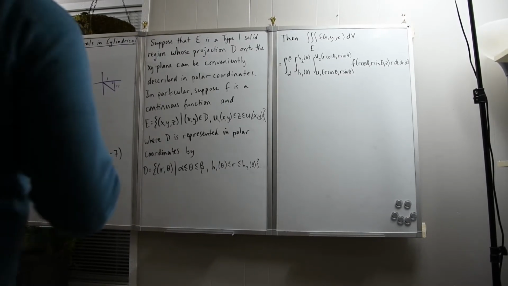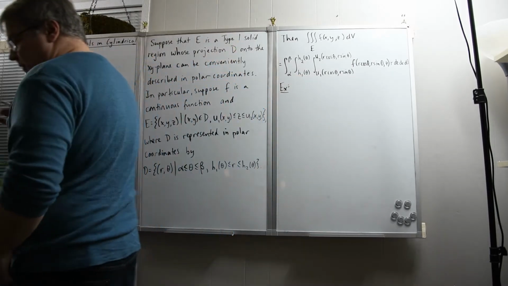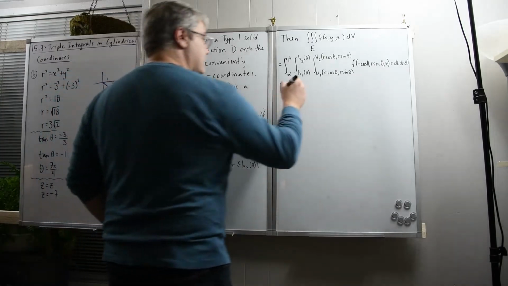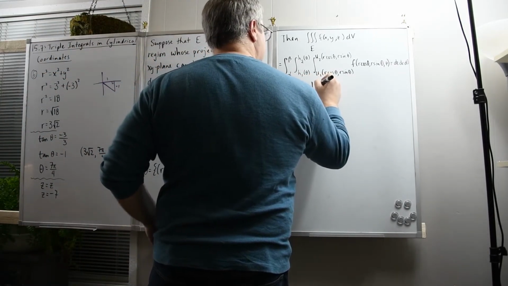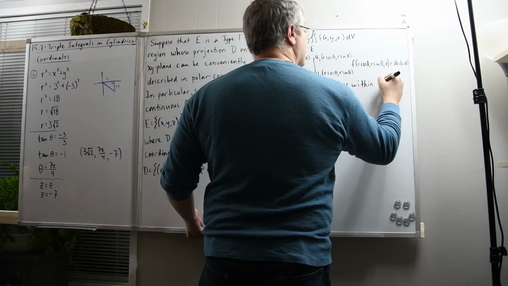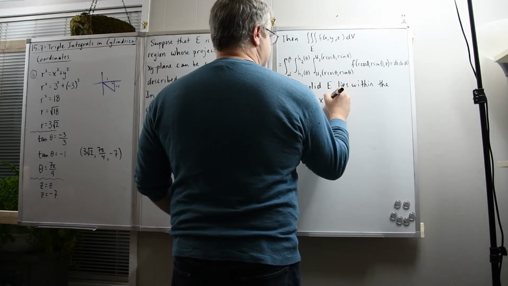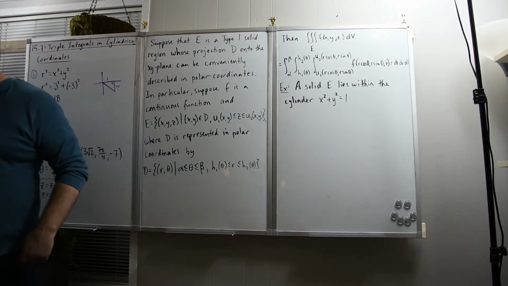So let's consider an example. In this example, we're going to have a solid E that lies within a cylinder. Let's say that cylinder is x squared plus y squared equals 1.